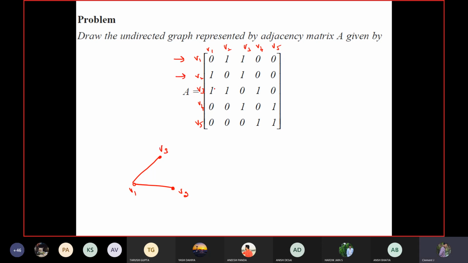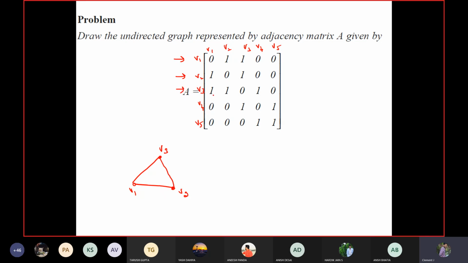Next, second row. V2 has connections with V1 and V3. V2 with V1 is already finished, so the remaining one is V2 with V3. V3 is already created, so it is enough to connect V2 and V3. Next, third row.